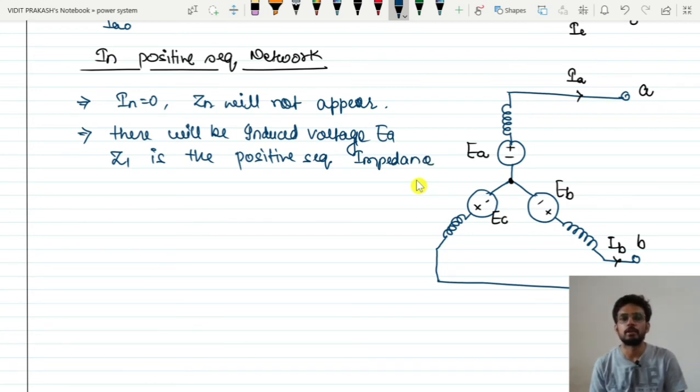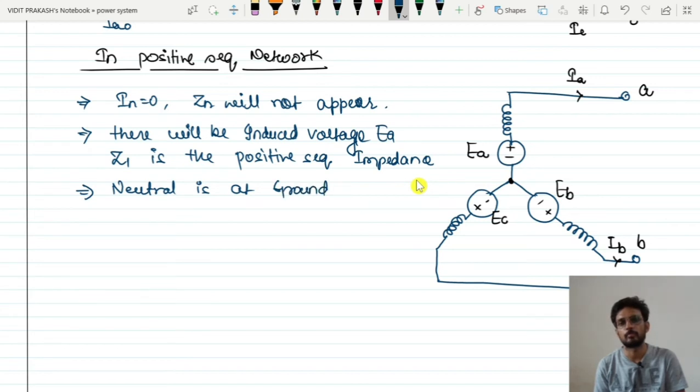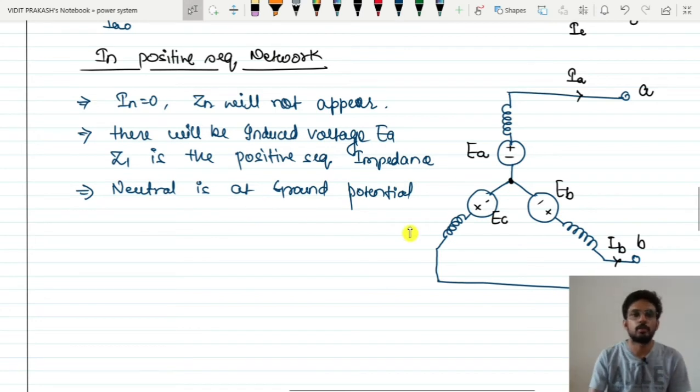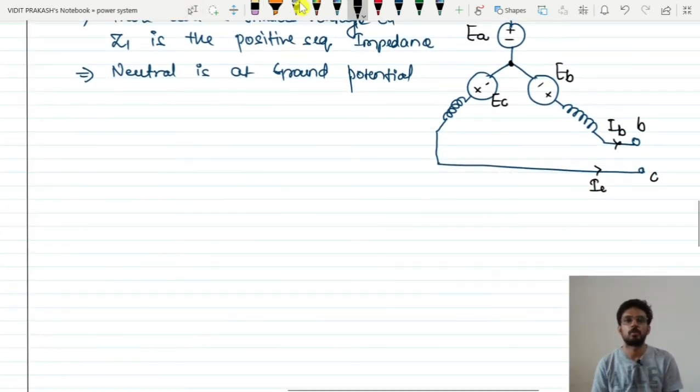So why is Zn not appearing here? IN is equal to 0, because here the neutral is at ground potential, so there will be no current flow in Zn.